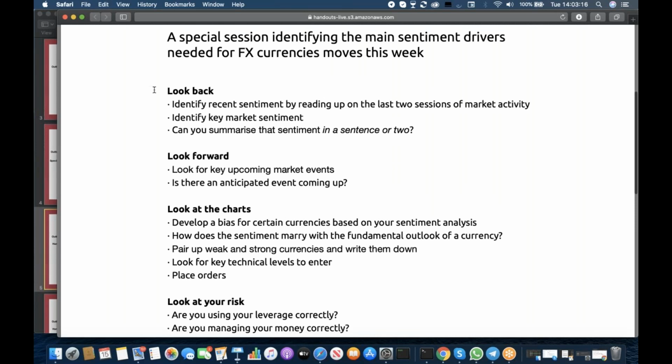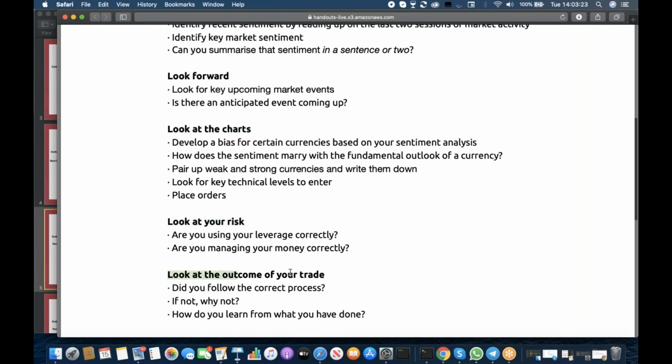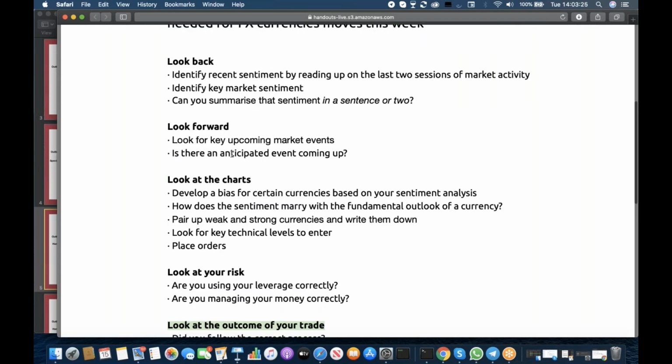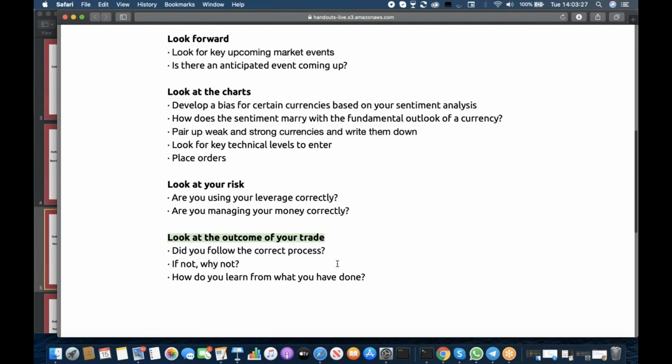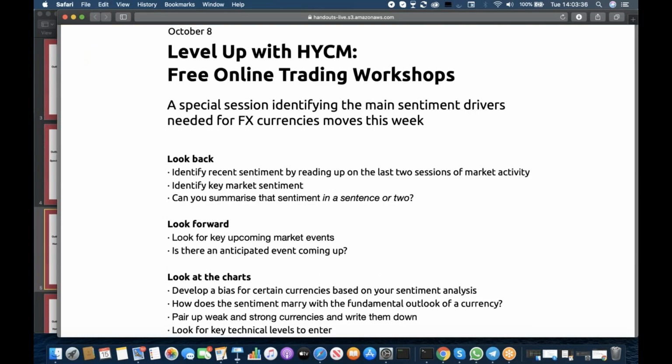It covers the five very broad but important principles of trading: looking back, looking forward at the charts, your risk, and looking at the outcome of your trade. That's one of the key handouts, and it should be printed out and by your desk if you haven't already internalized that.